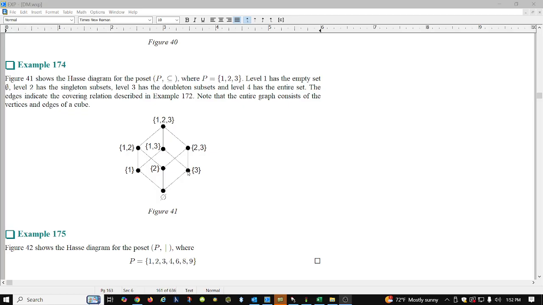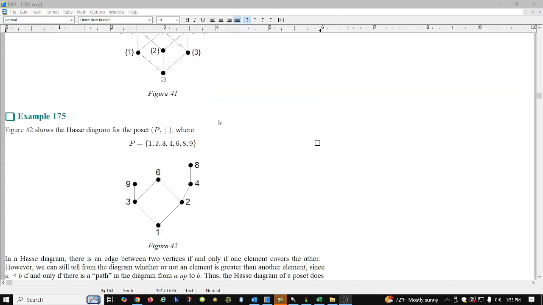So to get from this set to the full set, we pass through one or the other of these two doubleton sets. So you can still read the full relation, in this case the subset relation, from the Hasse diagram. But if you added all the lines for one subset being contained in another, it would be unreadable. So by only drawing lines or edges for the covering relation, you get a nice picture that gives you all the information, and this is a nice little cube.